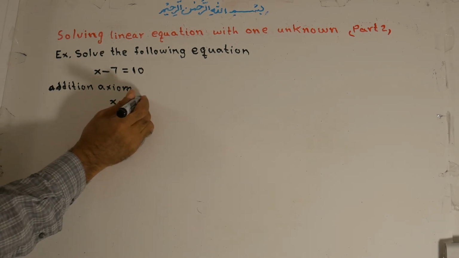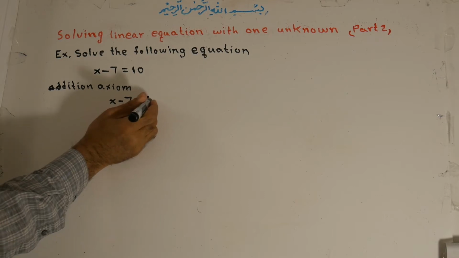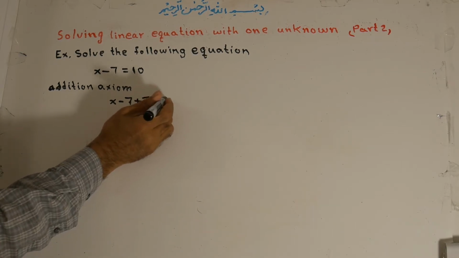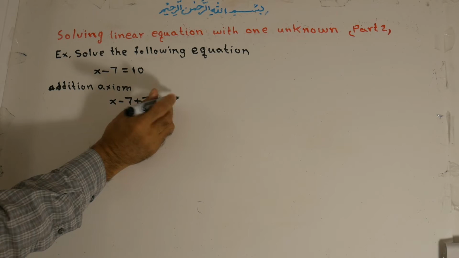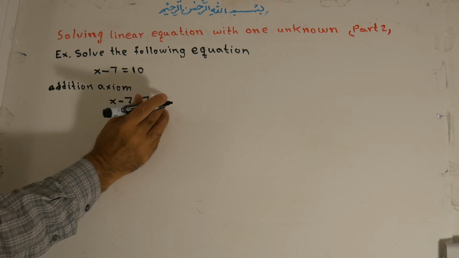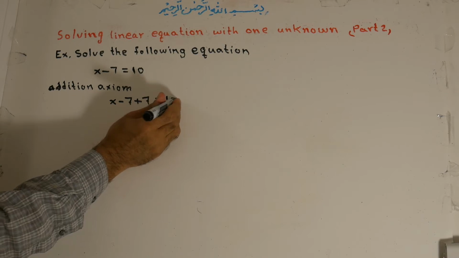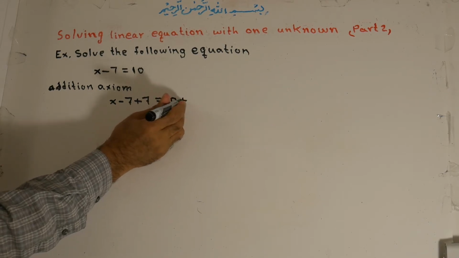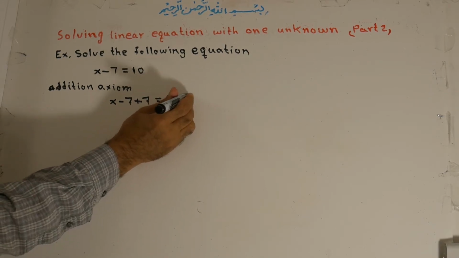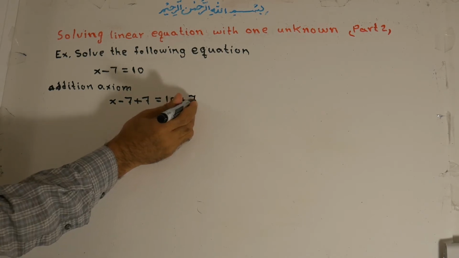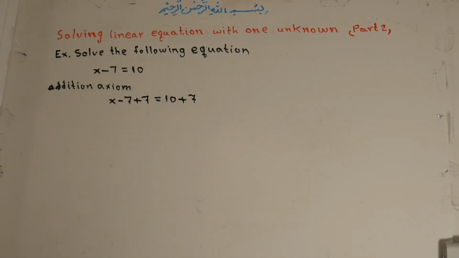X minus 7 plus 7 is equal to 10 plus 7. We add the 7 at both sides of the equation, and according to addition axiom, there is no change in the equation.